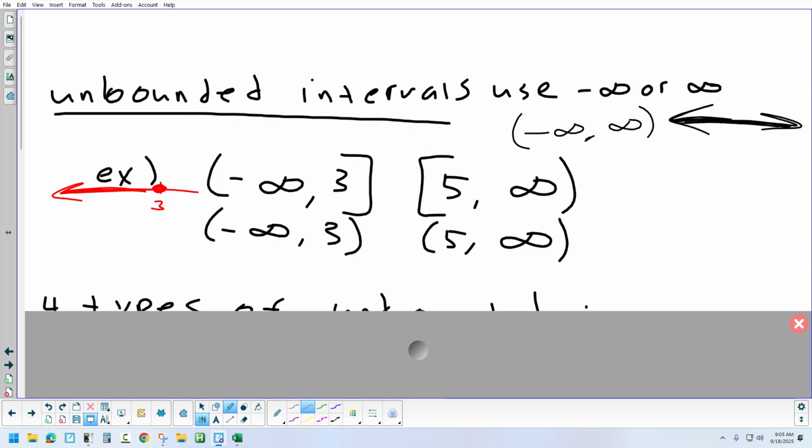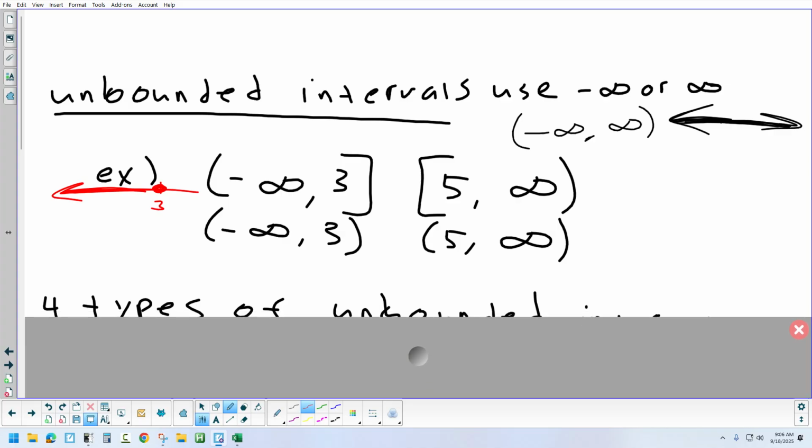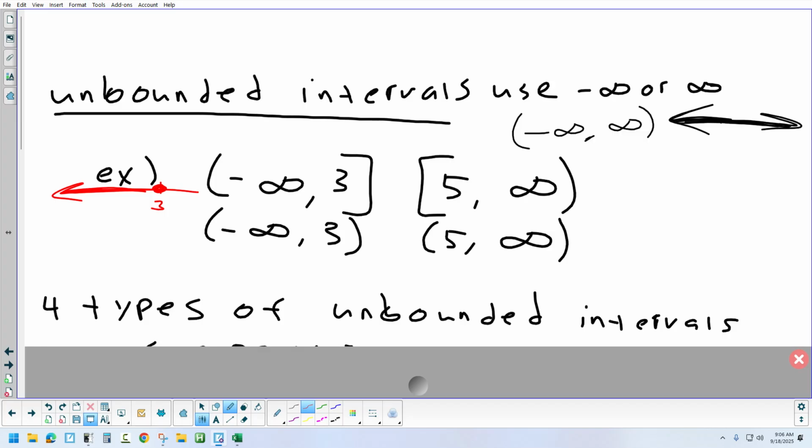And the same with the ones on the right. Everything including 5 and up, and then everything that's just above 5. Okay, so those are all unbounded intervals. And technically, there is a 5th type if you do the negative infinity to infinity. That's unbounded on each end.